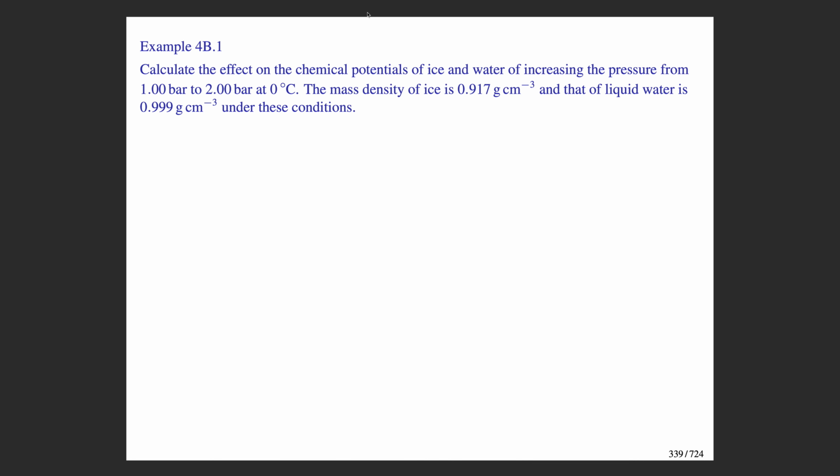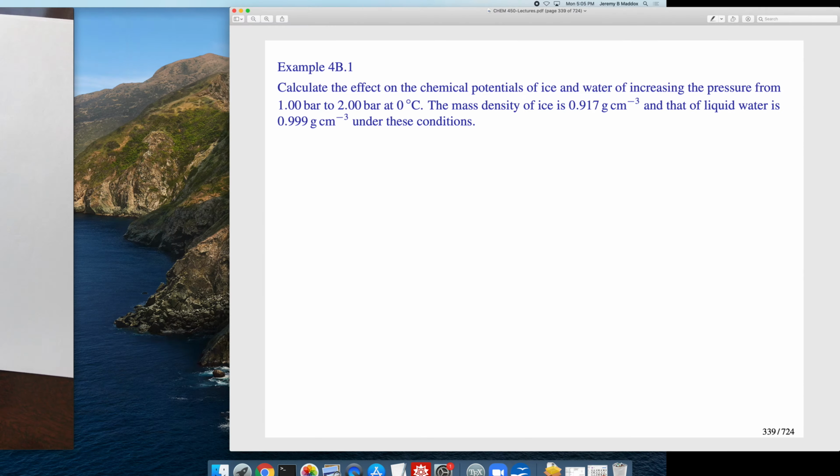Let's see. Calculate the effect on the chemical potentials of ice and water of increasing the pressure from 1 bar to 2 bars at 0 degrees Celsius. The mass density of ice is 0.917 grams per cubic centimeter, and that of liquid water is 0.999 grams per cubic centimeter.